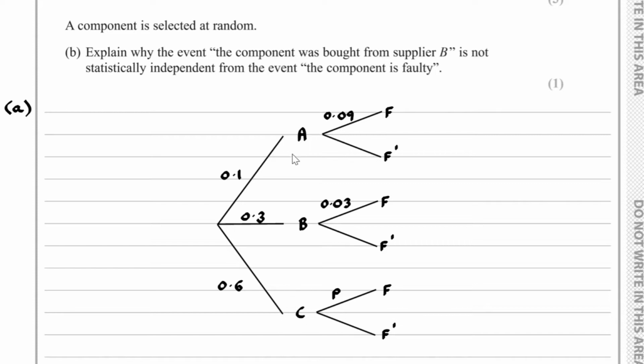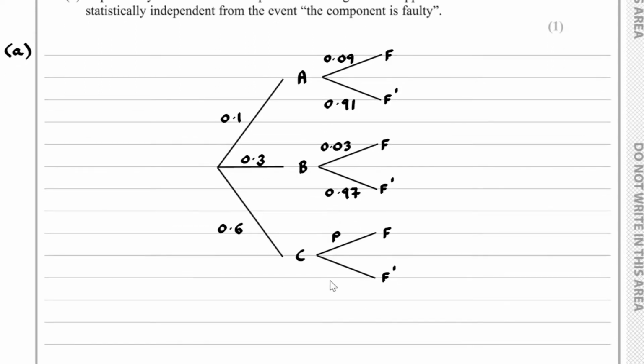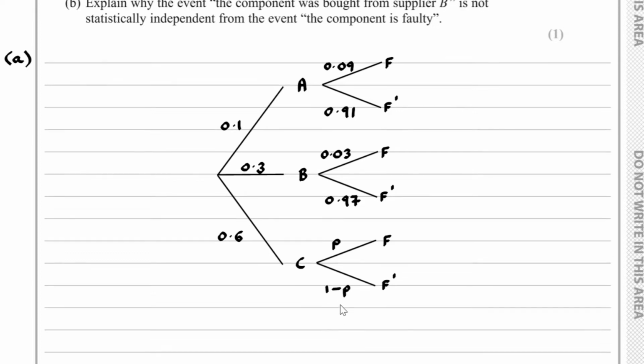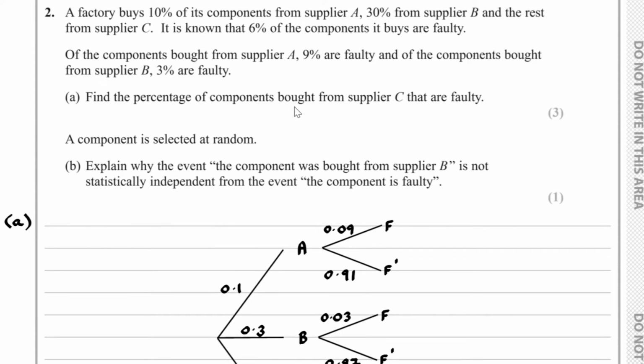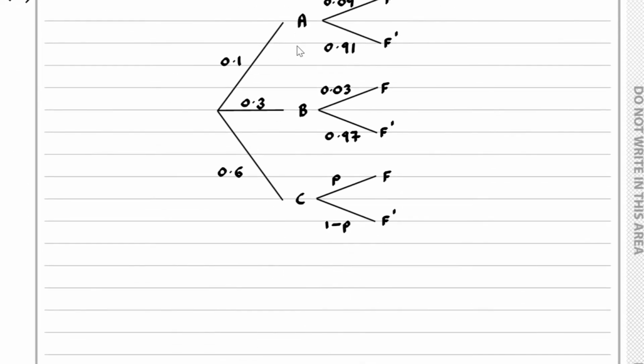And so for not faulty from A, we'd have 0.91. Not faulty from B, that will be 0.97. And not faulty from C, that will be 1 - P. And so therefore, what we need to do is recognize that 6% in total are faulty, and so therefore the probability that the components are faulty, that's 6%.